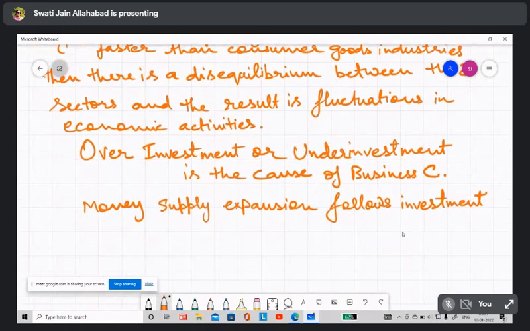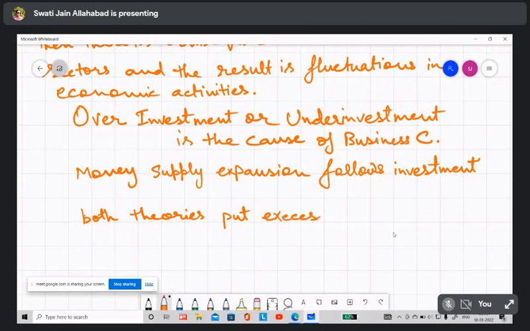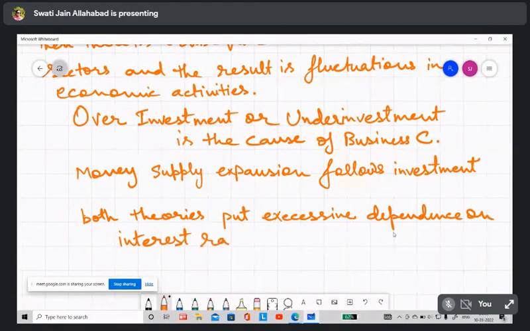But the major point is that in both these theories, they are putting larger focus on interest rate, right?